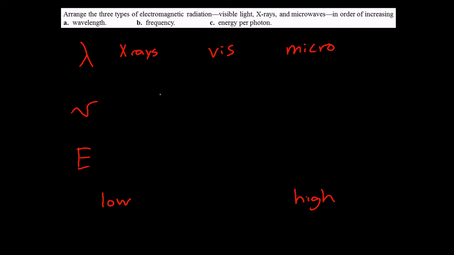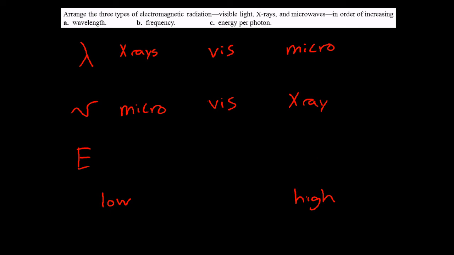So in the case here, what we're going to end up doing is just flipping the order from the first one. Because they're inversely proportional, whatever the order is for wavelength, it's going to be the opposite for the frequency. So microwaves have the smallest frequency, visible is in the middle, and X-rays have the largest frequency. And again, this is just because they are inversely proportional.